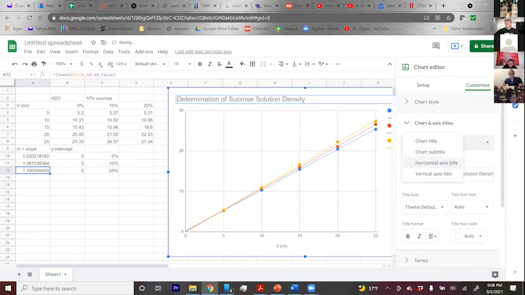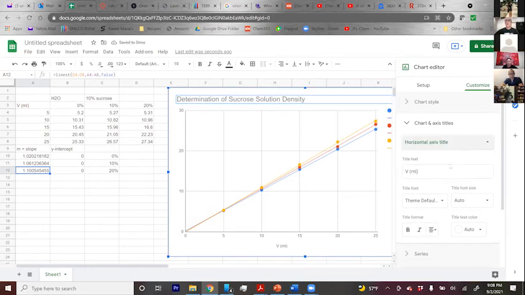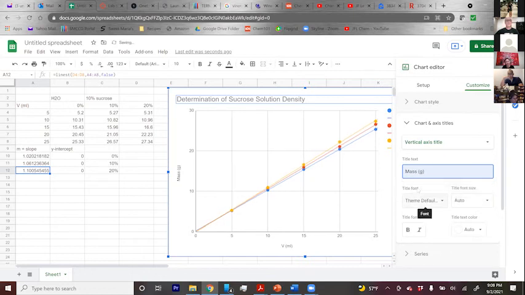The horizontal axis title is already there. It has volume in mils. That's fine. But the vertical axis, the y-axis, doesn't have a title, so we need to put one in there. What would be a good one? Oh, you can see it already has one suggested, mass in grams. Yeah, that's a good one.